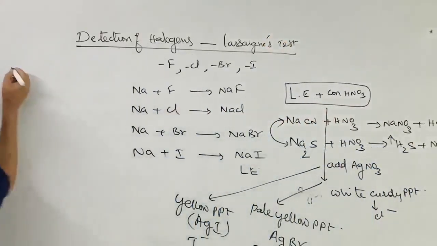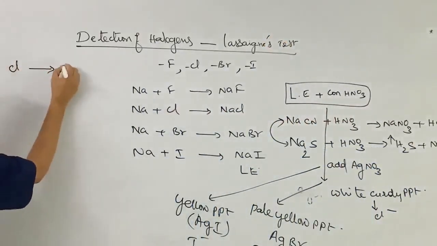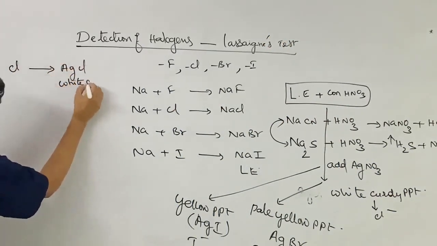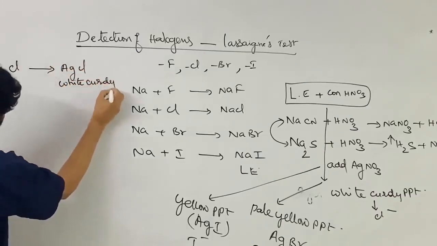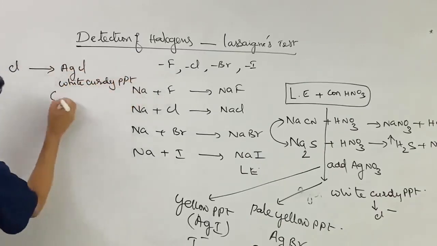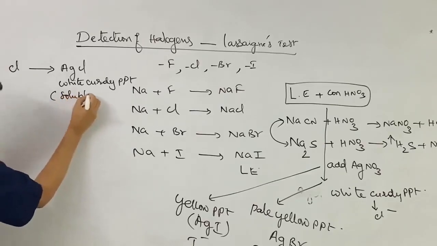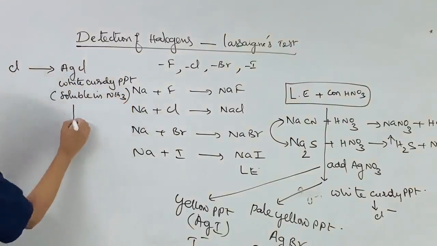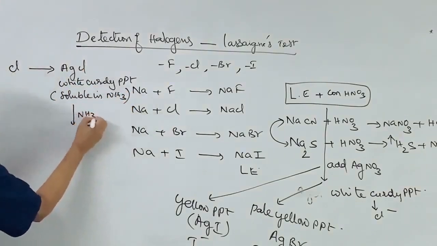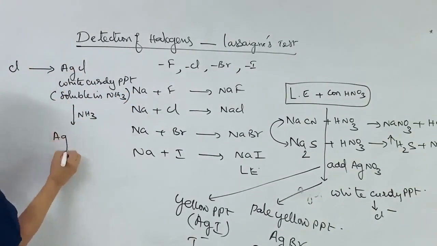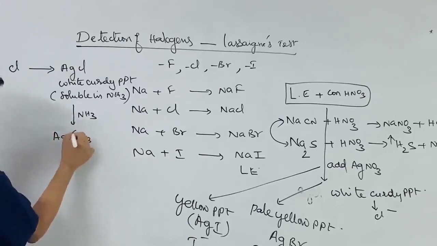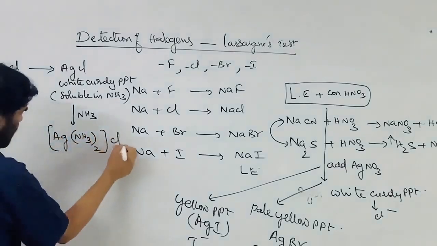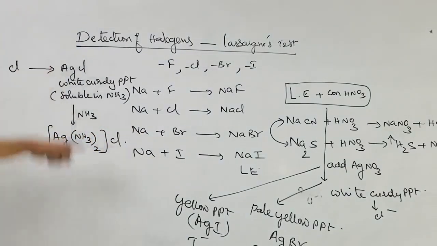If chlorine is present, AgCl is formed, a white curdy precipitate soluble in ammonia. This is because if ammonia is added, silver chloride is soluble in ammonia due to the formation of a complex, silver(I) chloride soluble.